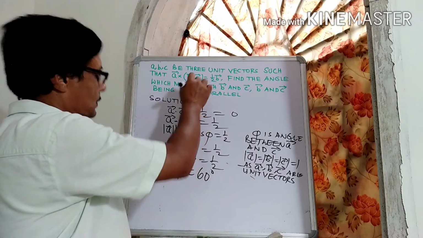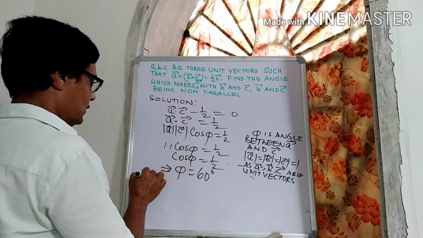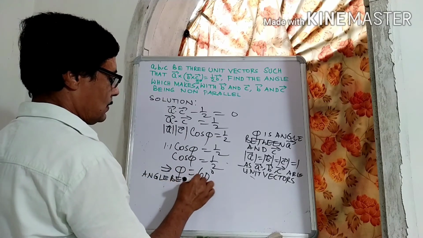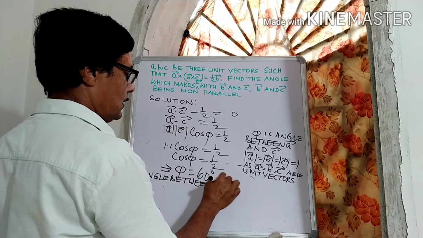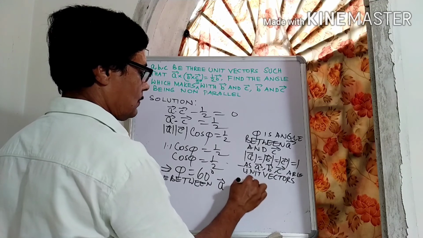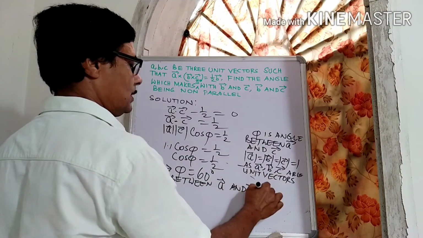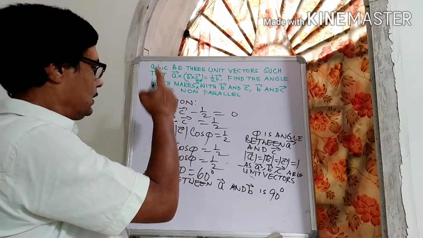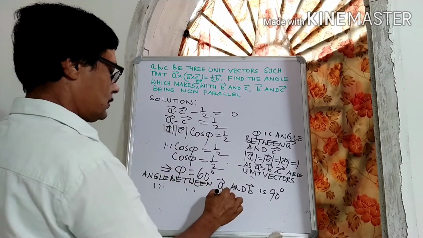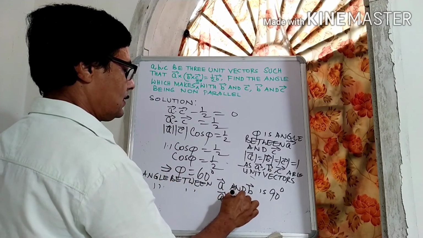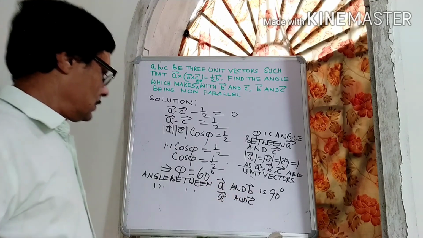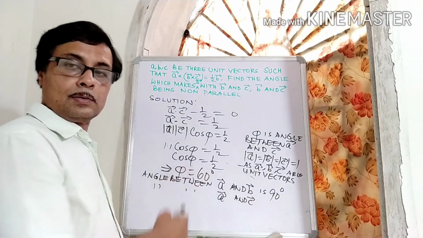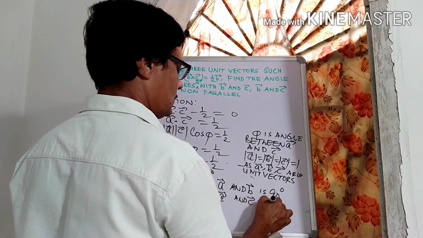So we have already found that the angle between A and B is 90 degrees, and the angle between vectors A and C is phi equal to 60 degrees.